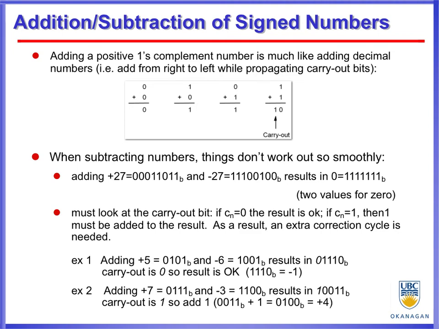But when we're subtracting numbers in the 1's complement system, things don't work out quite so good. When we subtract, what we usually do is we add the negative. So if we want to subtract 27 from 27, what we do is we add 27 to negative 27.